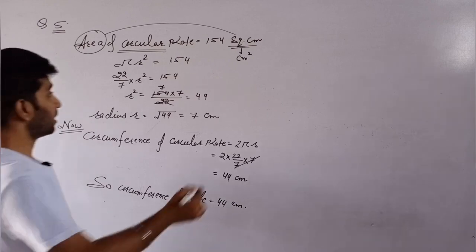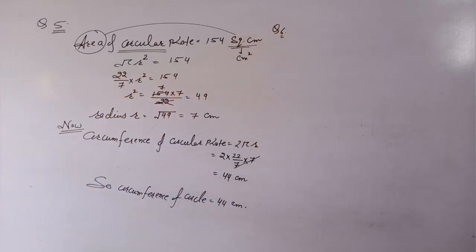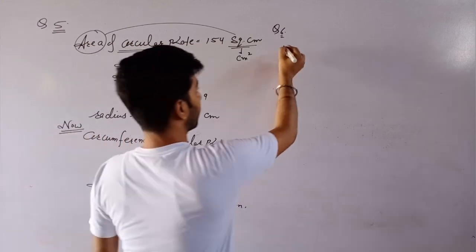Now students, we will discuss our next question, question number 6. Read question number 6. Circumference of a circle is equal to perimeter of a square. What is given?